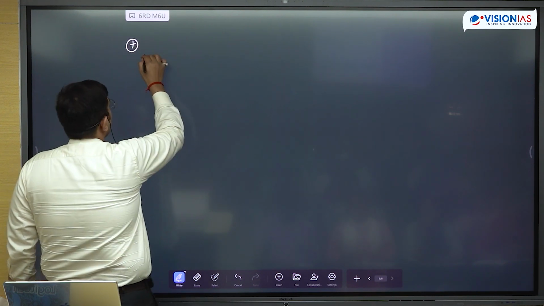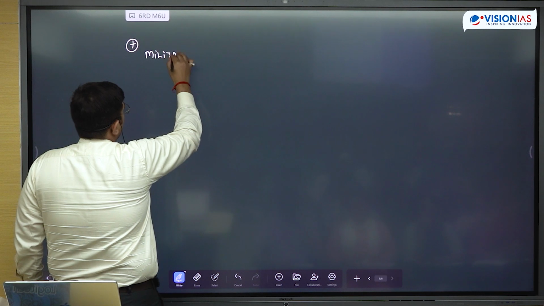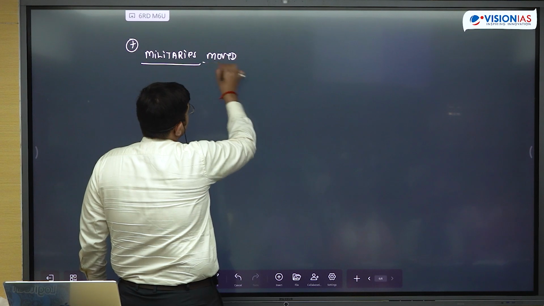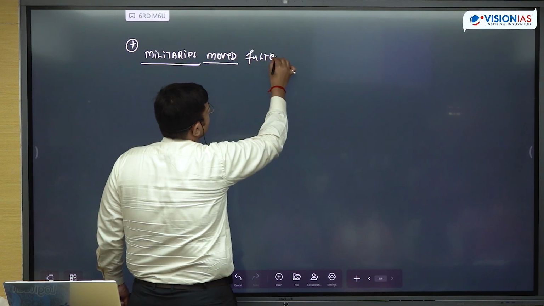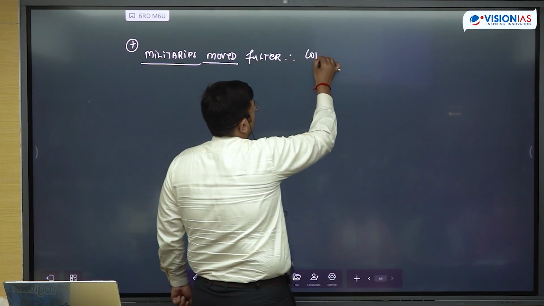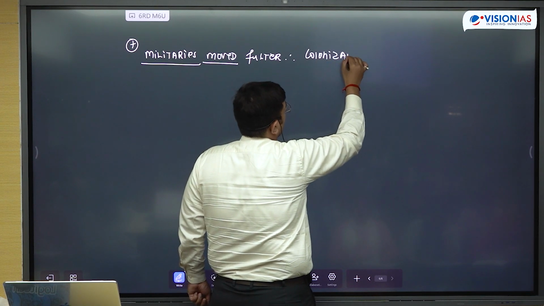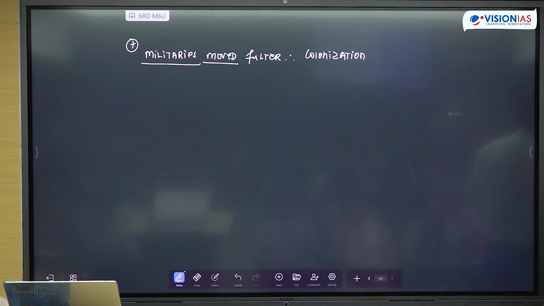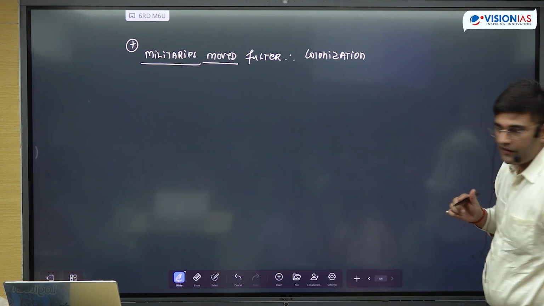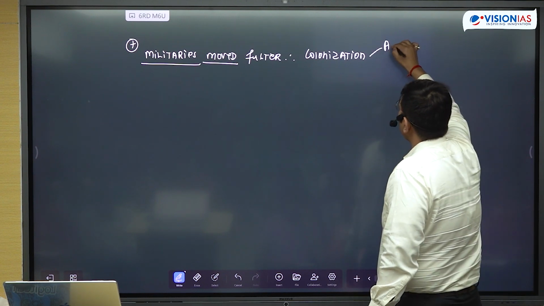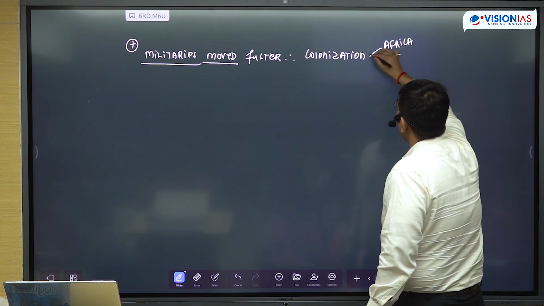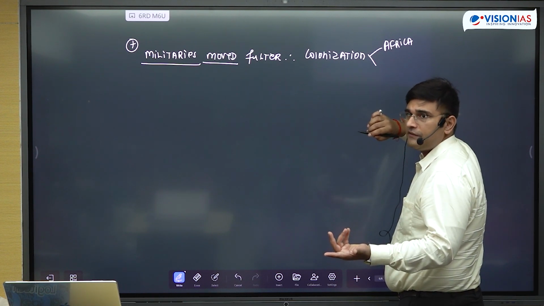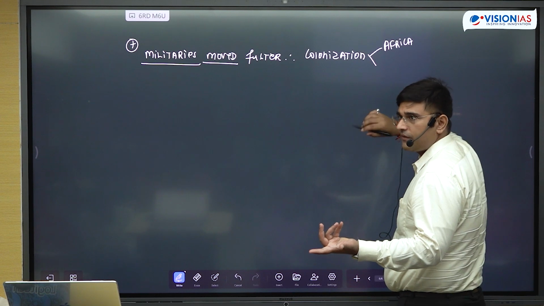Another aspect that you can mention is that militaries moved faster with railways, and therefore colonization. And don't just limit yourself to India. There will be a tendency that you may forget that you are talking about different countries, right? So colonization, be it in Africa, be it in the Americas, creation of the United States of America, taking away the lands of the Native Americans, right?